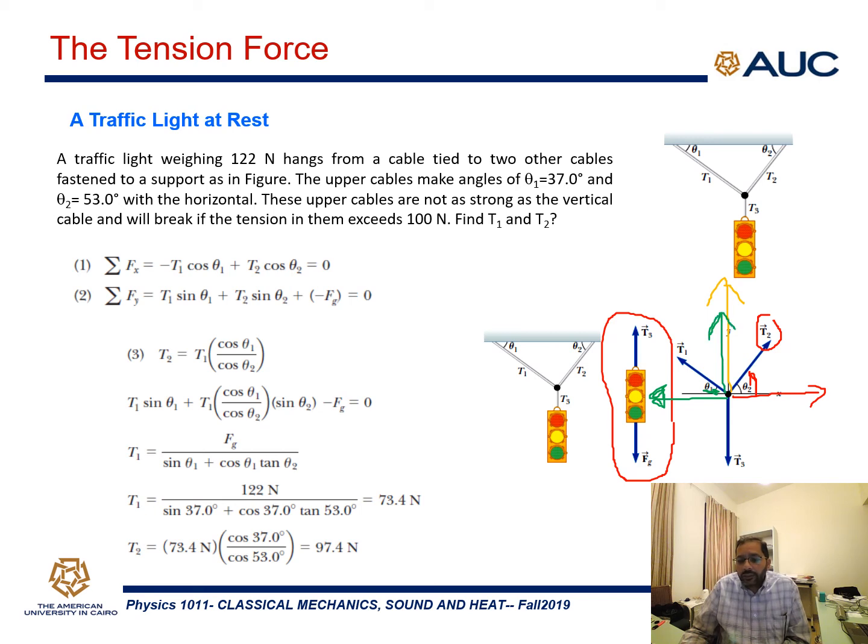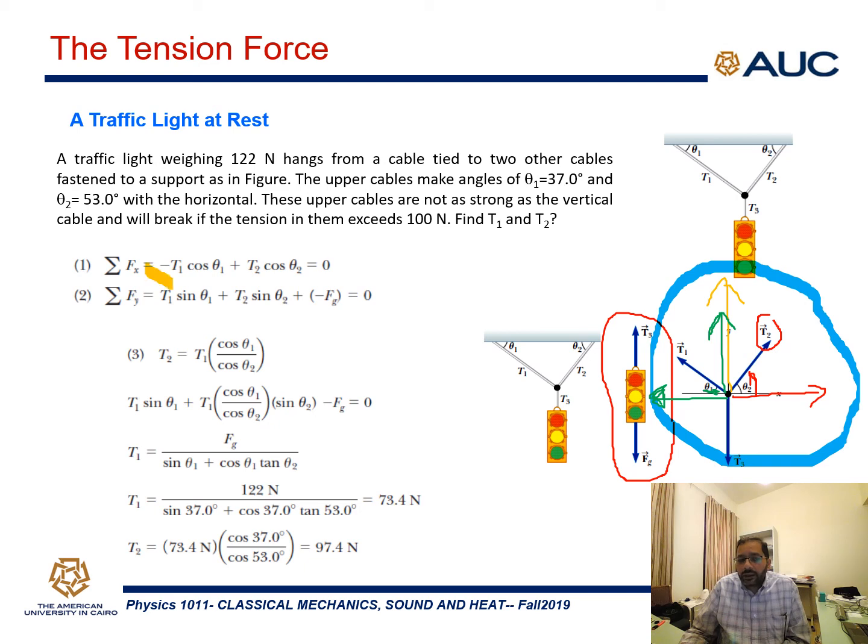Now, looking at the free body diagram of this node, what do we conclude? Taking the forces along the x-axis, we write that negative T1 cosine theta plus T2 cosine theta equals 0. Or in other words, T2 cosine theta, since it is to the right, takes positive, equals T1 cosine theta.